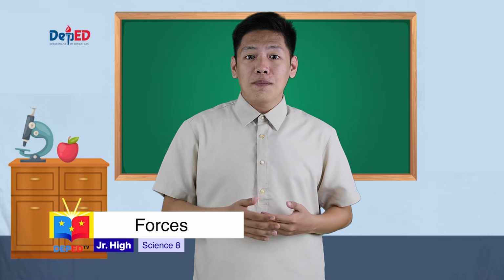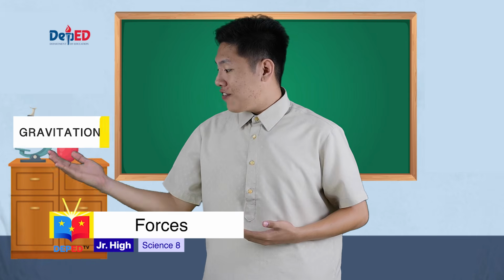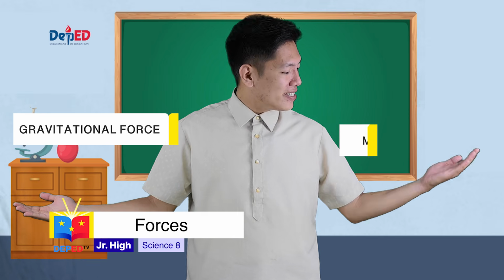There are two examples of non-contact forces, namely gravitational force and magnetic force. I know this is not the first time you hear about gravity because we have been taught about it since grade school. And today, we'll know more about gravity.